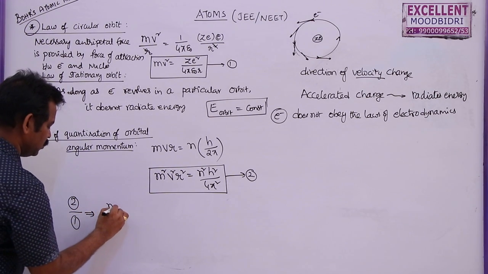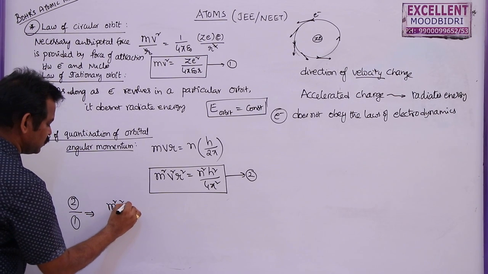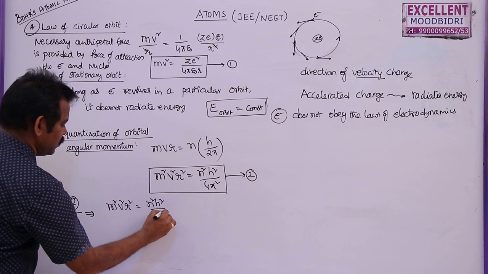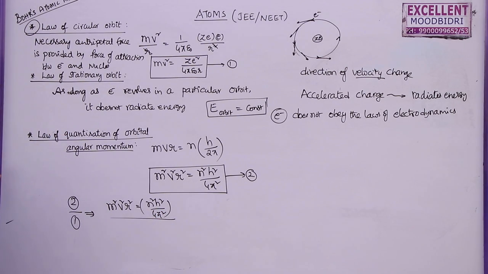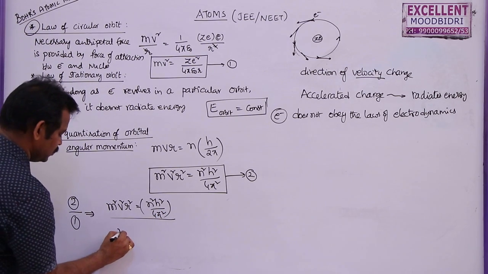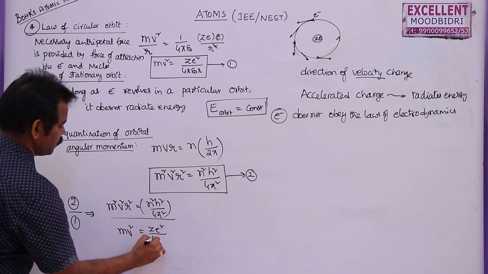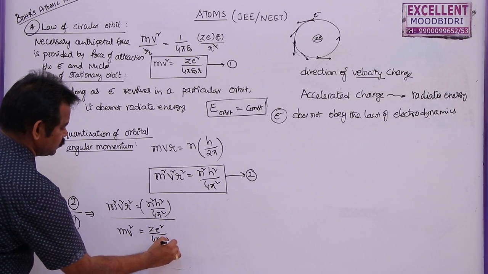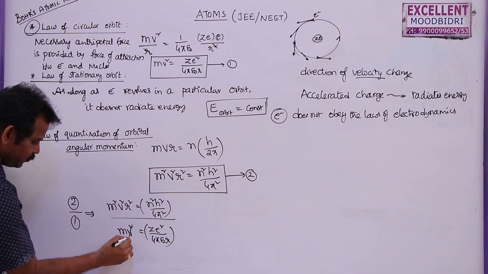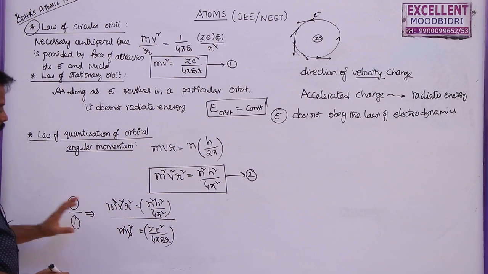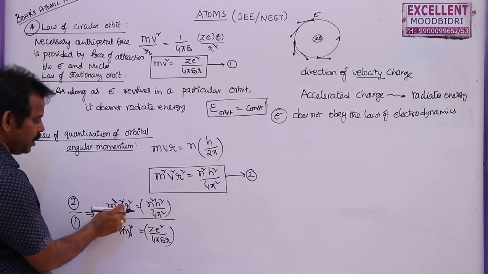Equation 2 divided by equation 1: cancel v square and v square here, m and m here, and the remaining term is m r square here.